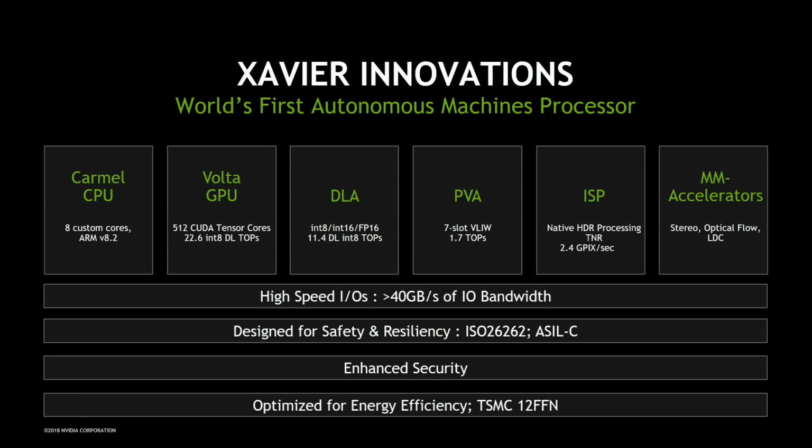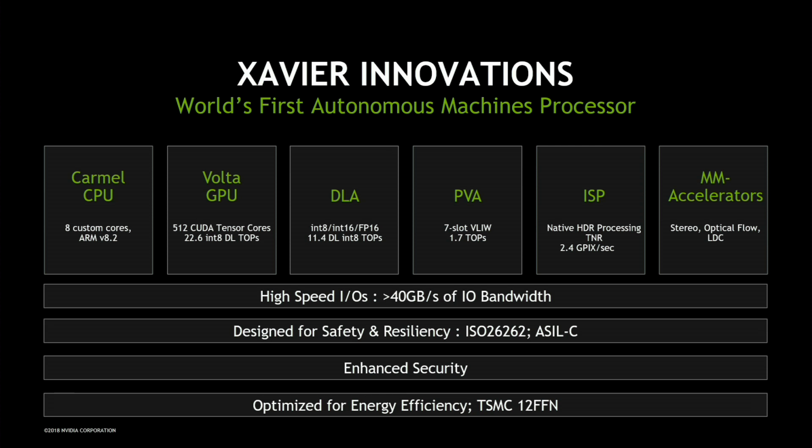So next we looked at all these computer vision workloads. The GPU is very good at a lot of them, but we can build some custom hardware that is extra efficient at certain aspects of it. And so we built a programmable vision accelerator. We call it the PVA, and we'll talk about that some more. And then we looked at our ISP. Our Tegra SoCs have had an ISP focused on mobile, your smartphones and tablets.